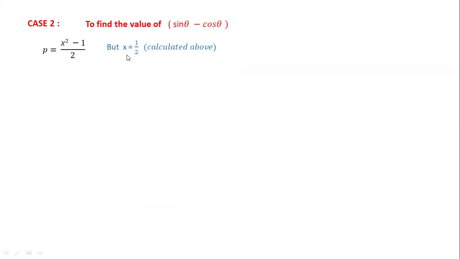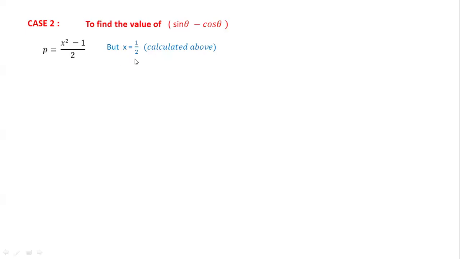Case 2. Now in this case, we are going to find the value of sin theta minus cos theta. Now if you remember, at the beginning we have found P is equal to x square minus 1 upon 2. Now let's use the same identity, x square minus 1 upon 2.